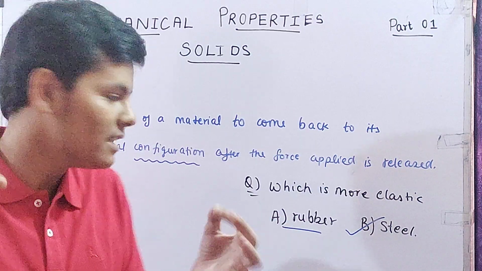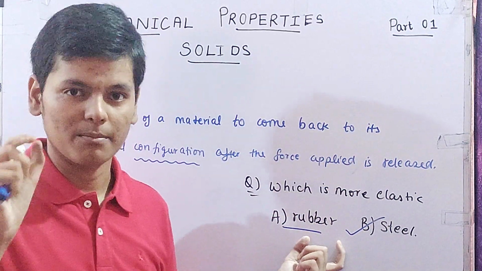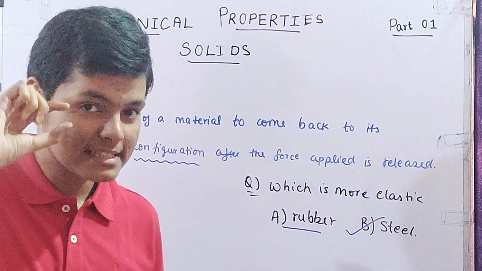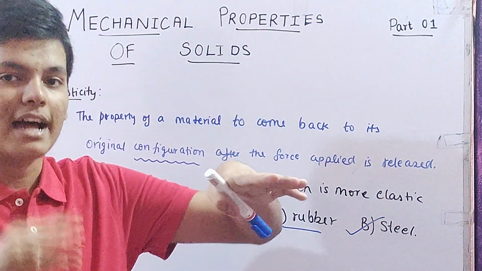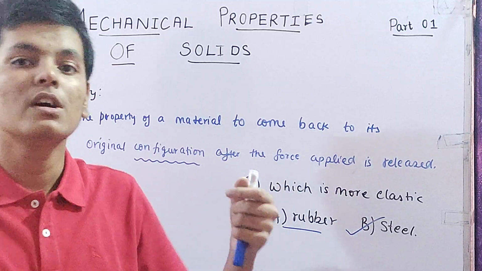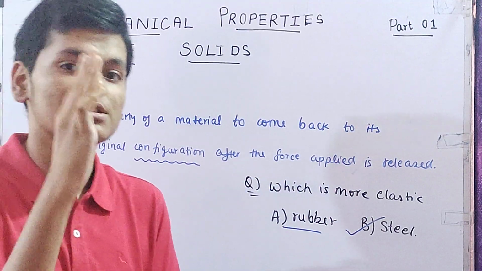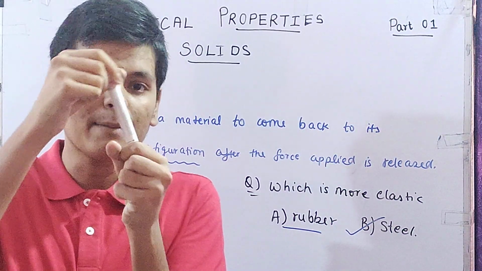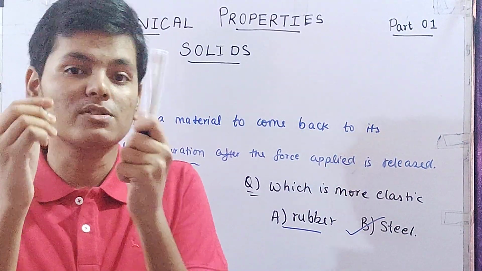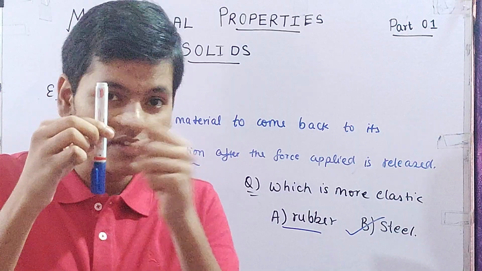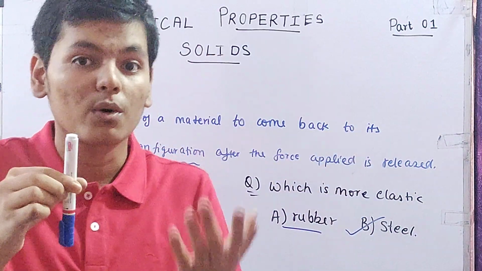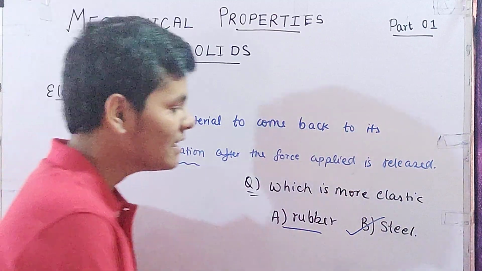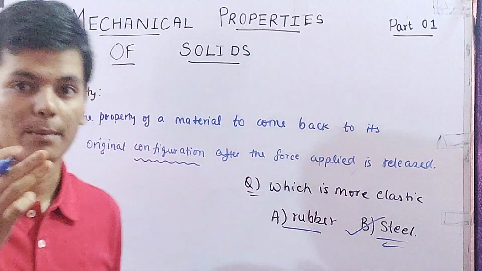But when we take a steel scale, press it with one hand and then release it, the steel comes back to its original place much faster than rubber. For example, this is a steel scale. When I pull it from here and leave it, it comes back to its original place. But the speed of coming back to its original configuration is much faster than that of rubber. That is why steel is considered more elastic than rubber.